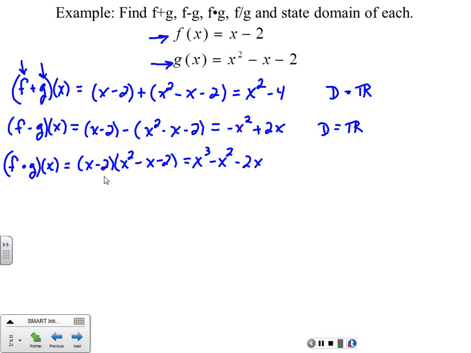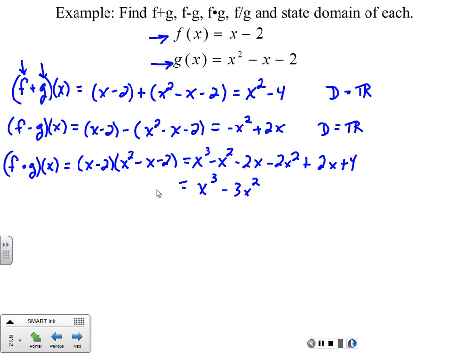Then we'll take this negative 2 and multiply it through the trinomial. So negative 2 times x squared is negative 2x squared. Negative 2 times negative x is going to be a positive 2x. And negative 2 times negative 2 is going to be a positive 4. So if we combine like terms, we're going to have x cubed minus 3x squared.